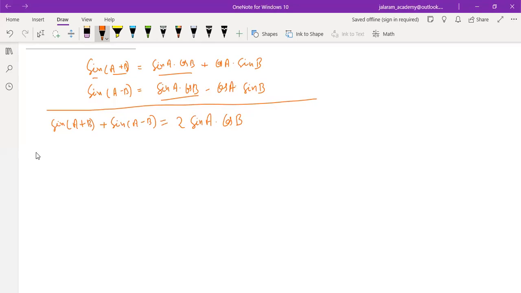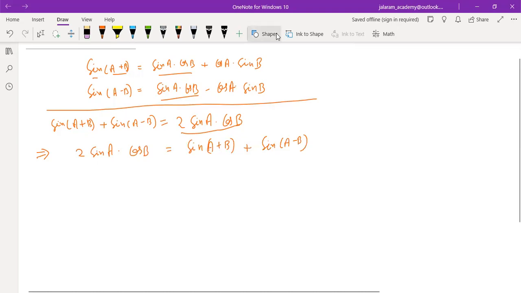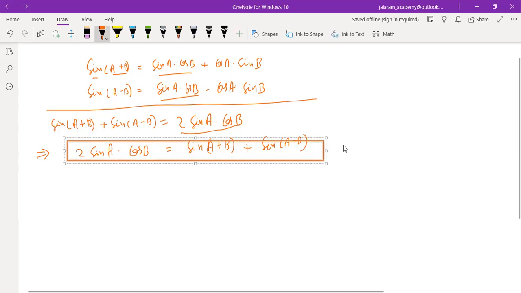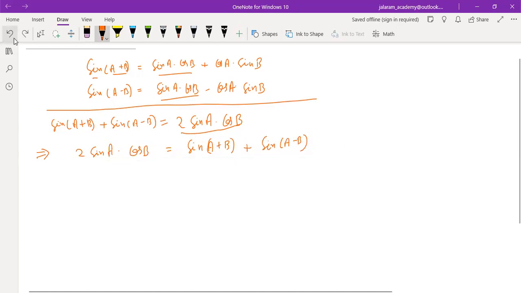And we have to learn this formula from right hand side, that is 2 sin A cos B equals to sin A plus B plus sin A minus B. Means we are transferring product of 2 sine into their sum.